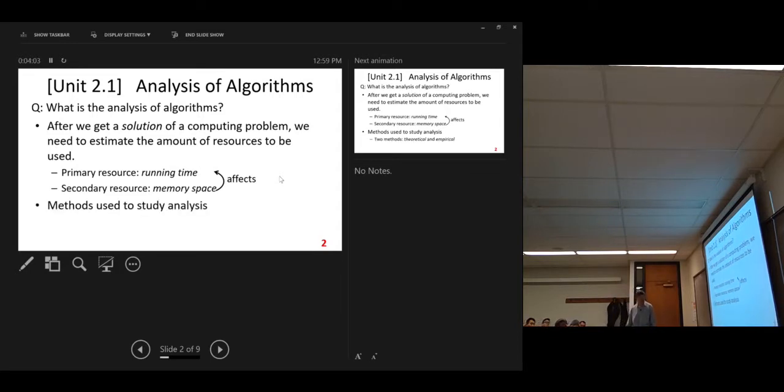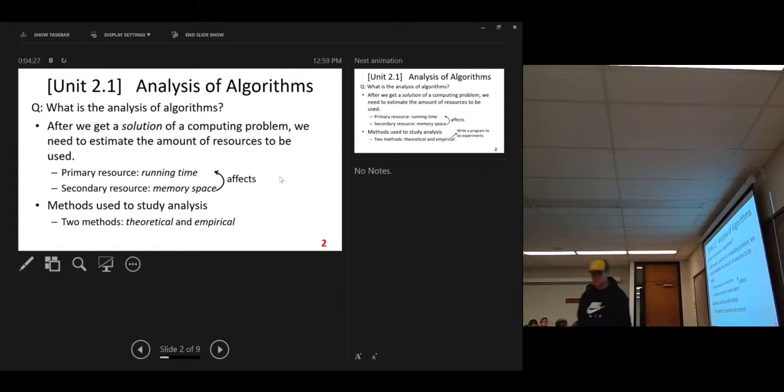Methods used to study analysis. Two methods, theoretical and empirical. Theoretical, we use math to give us conclusions. So we do a lot of math computation. Empirical, we need to do experiments.